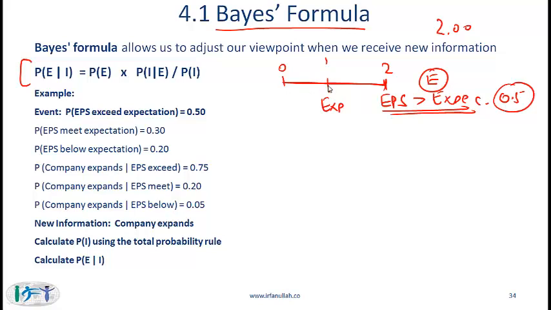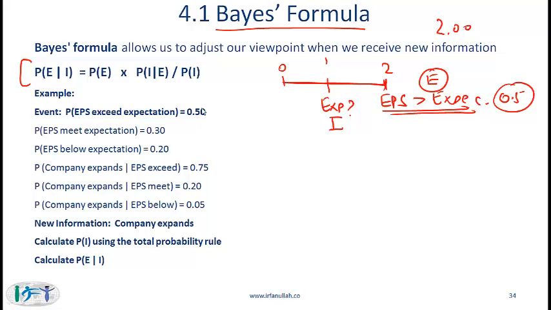At the end of the day, you will get new information about whether or not the company is expanding, and this information is denoted by the symbol I in this formula. As we have already said, the probability of the event being earnings per share exceeding expectation is equal to 0.5 in our example.